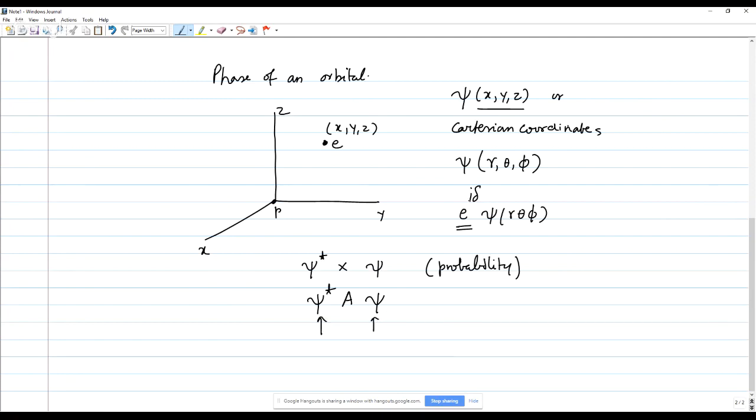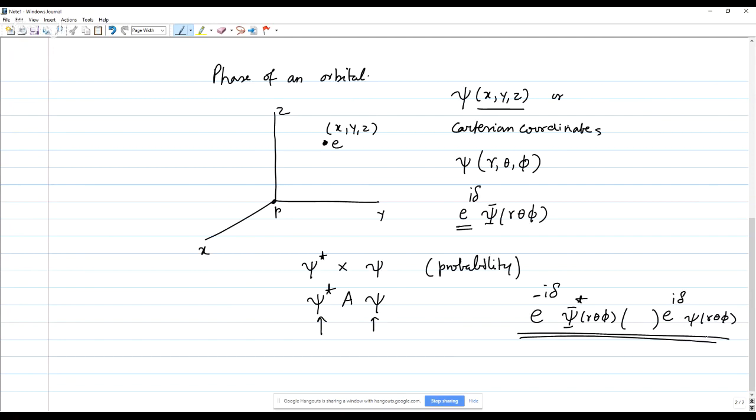And therefore, if you write the wave function with e to the i delta and something else, psi of r, theta, phi, then whatever you put in here, either the operator or even unity for probabilities, this will be e to the minus i delta, this will be psi star, and this will be e to the i delta psi of r, theta, phi.